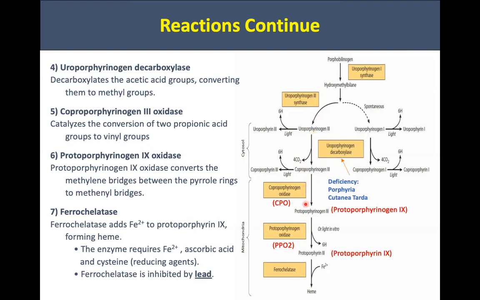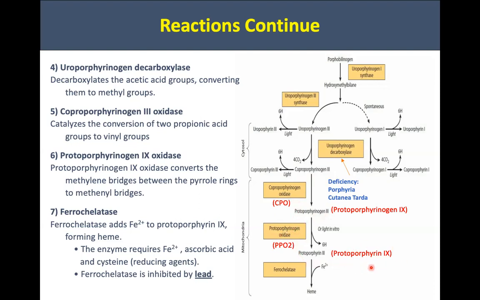Okay, the next 2 ones aren't super important, but after you form coproporphyrinogen 3, you can oxidize it using coproporphyrinogen oxidase. You get protoporphyrinogen 9, which you can oxidize using protoporphyrinogen oxidase. And then that's going to lead you with protoporphyrin 9.